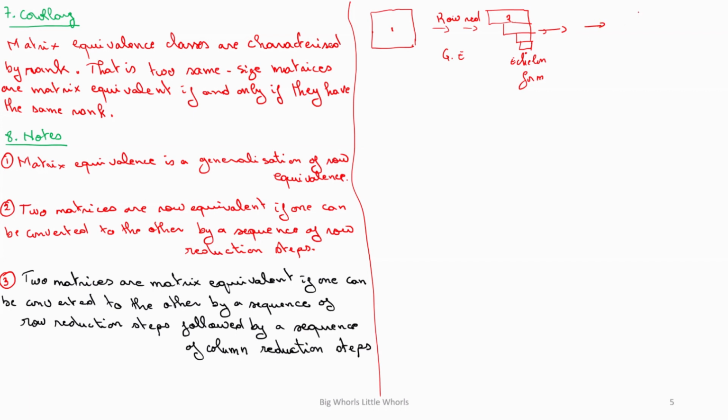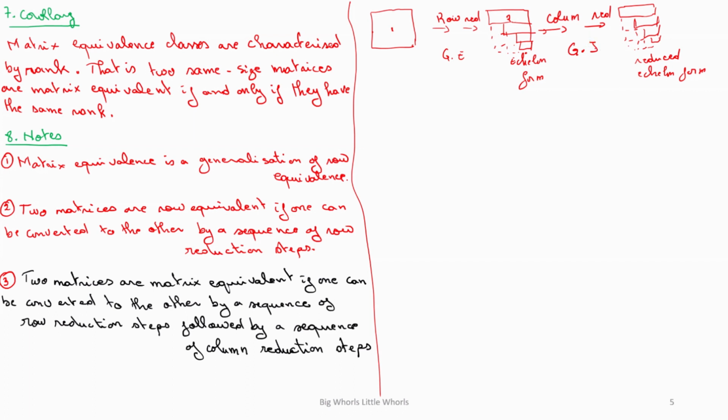To get to the reduced echelon form, what this note is telling us is we can actually do column reduction.